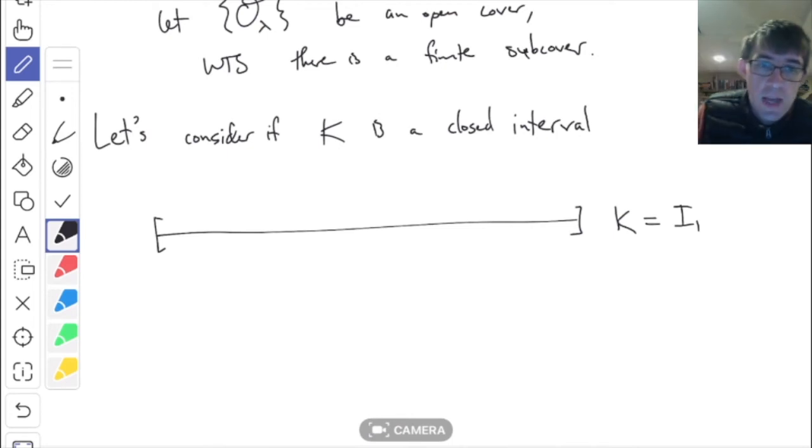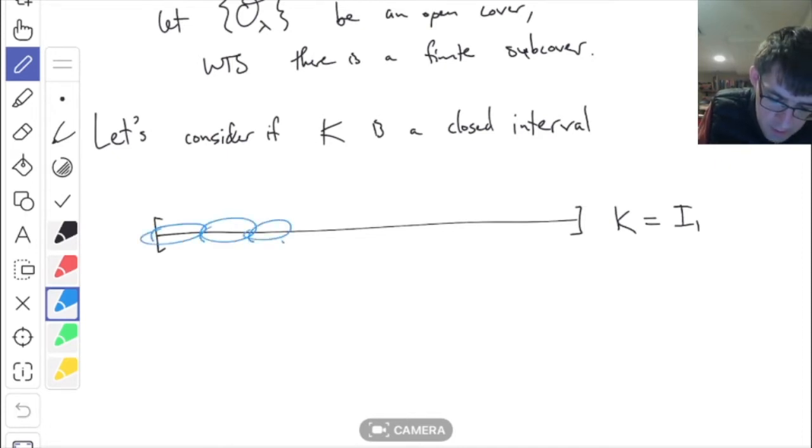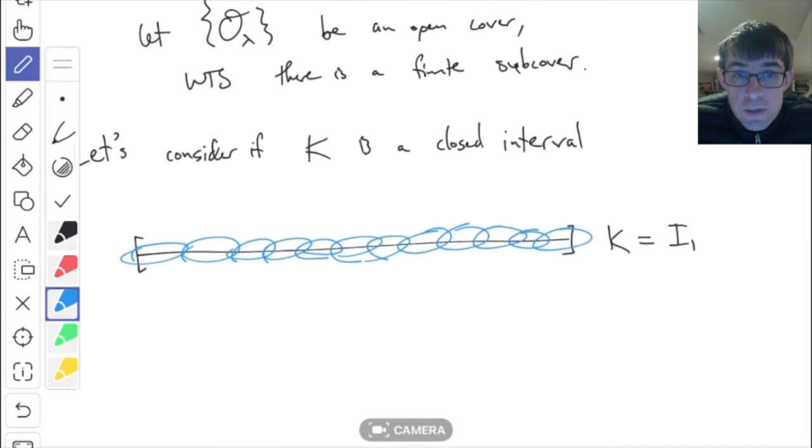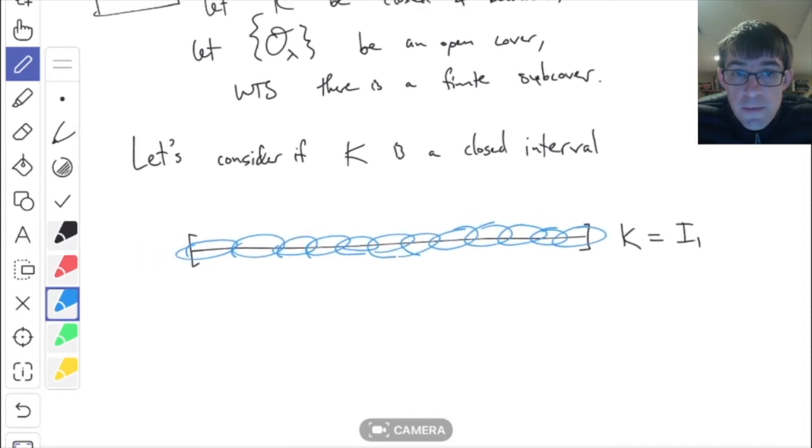Let's say this is K, and we also have some open cover of K, which I'm going to just draw like this, like I usually do. This consists of a whole bunch of open sets which cover up all of K. And this open cover, we don't know if it's finite or not. That's our whole goal, is to show that there is a finite subcover.